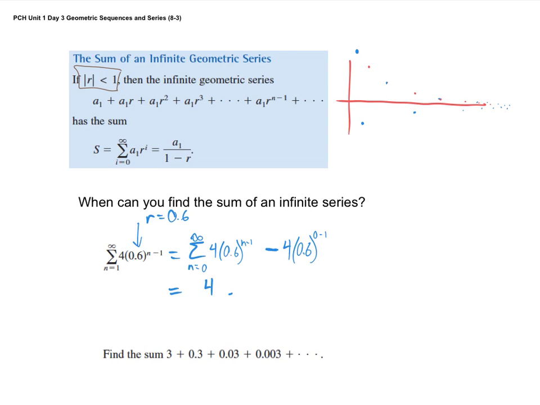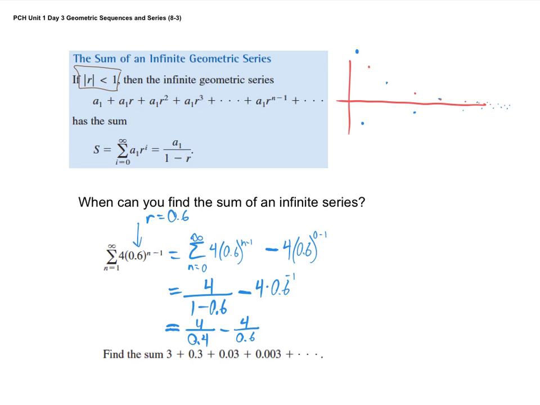So that's my numerator. 4 over 1 minus 0.6, so 4 over 0.4. Now we need to subtract though. We subtract 4 times 0.6 to the negative 1, so that's going to be a minus 4 over 0.6.